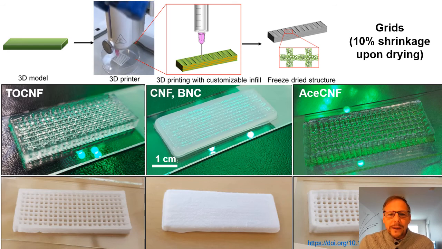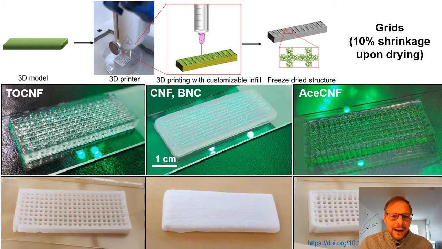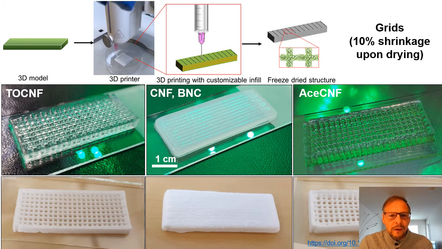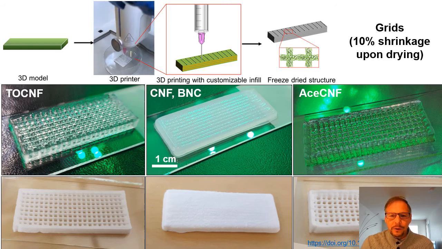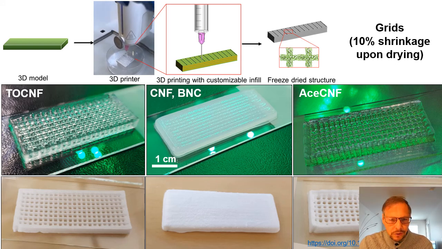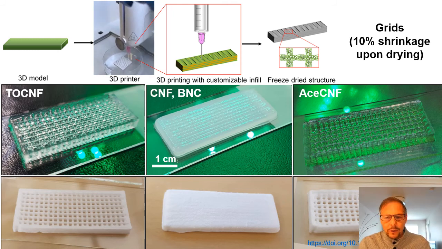So I don't need to spend time here explaining all the different cases, but here you can appreciate these lattices or grids that are produced with different types of celluloses, and the one in the center corresponds to bacterial nanocellulose. In the wet state, that is the green photos that you see on the top, but also the grids after drying, after removal of water, that's what you see in the bottom.